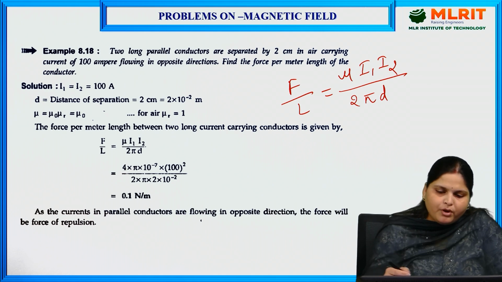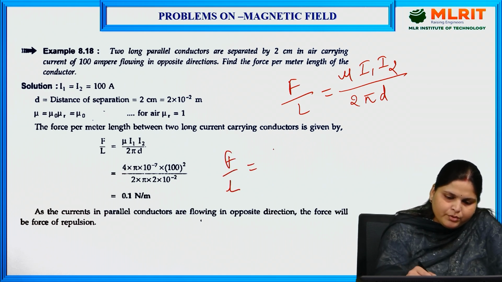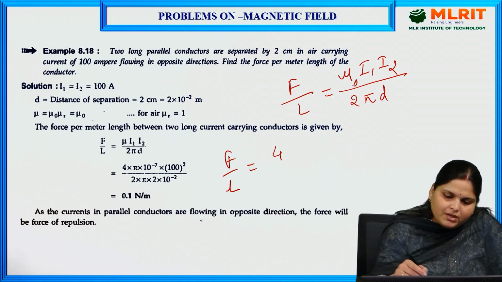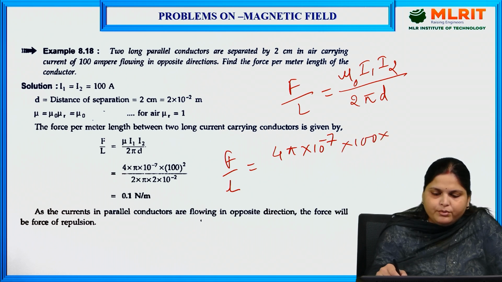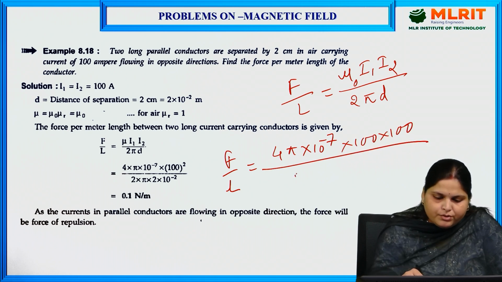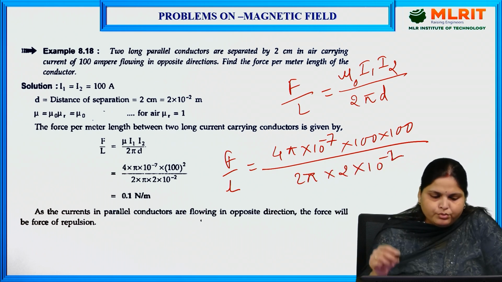So we will put all the values. F by L is equal to mu naught, so 4 pi into 10 to the power minus 7, times I1 I2, meaning 100 into 100, upon 2 into pi into D, where D is 2 into 10 to the power minus 2, right?